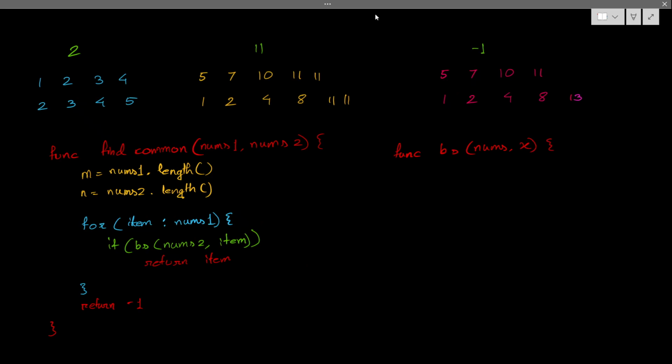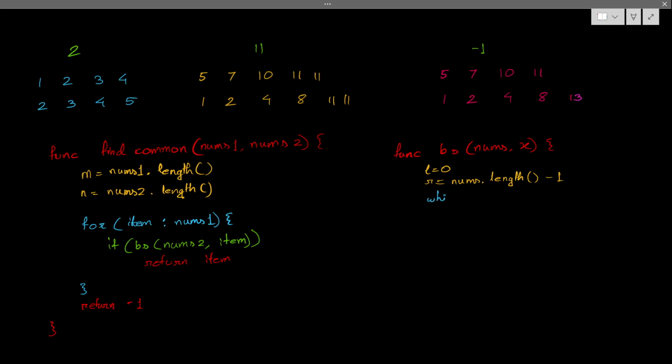So in binary search we need left and right. Left equals 0, right equals nums.length - 1. That is what we do, and after that we need a while loop.